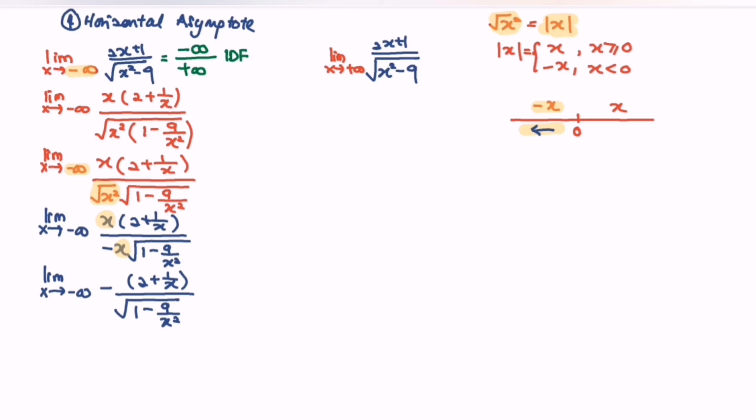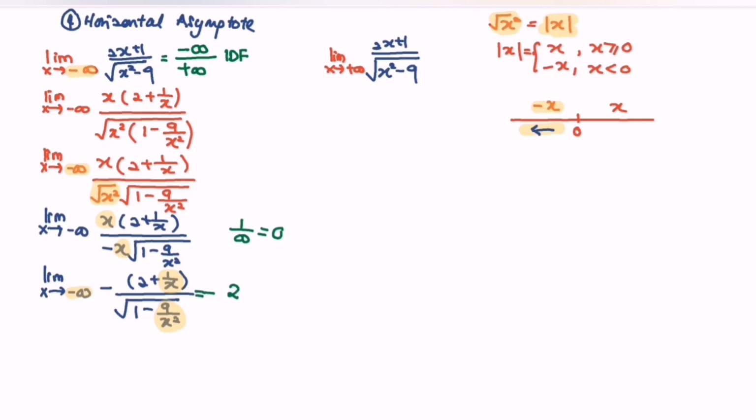So now kindly substitute the value negative infinity. Do remember the key: 1 over infinity is equal to 0. So this one will be 0. Same goes to this one, we will have 0. So as a conclusion, we will have negative 2.